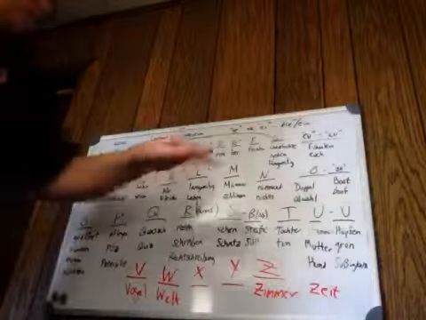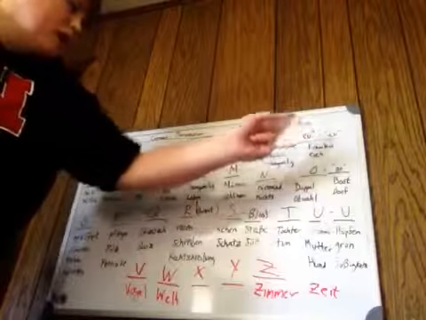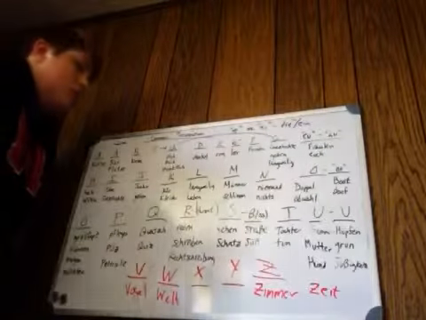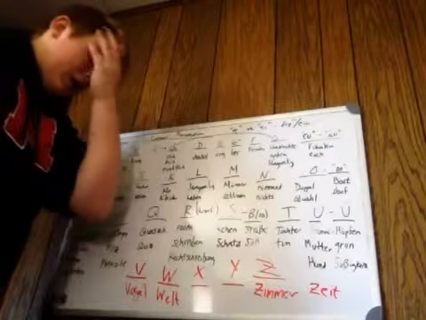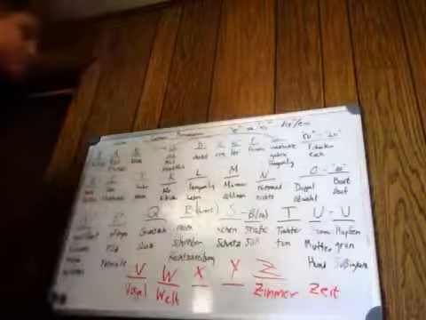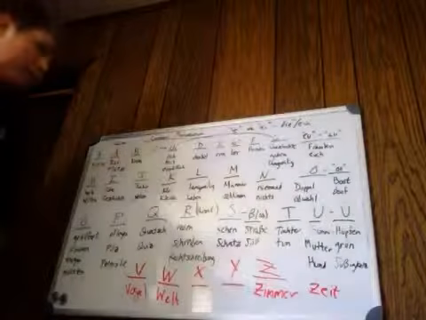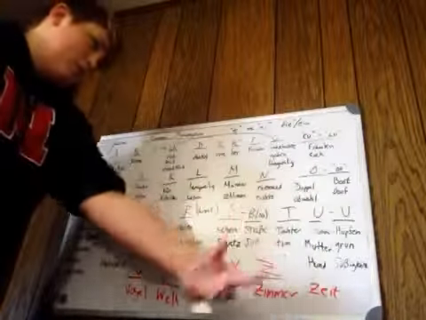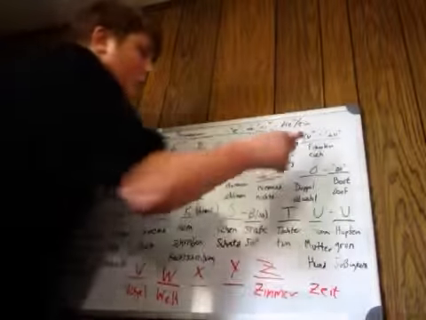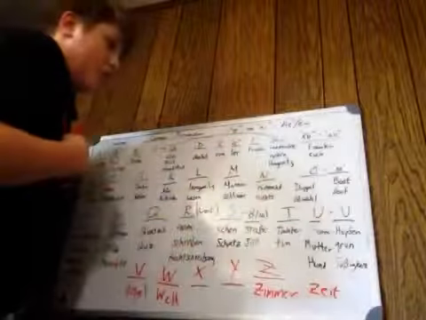Now I have the EU or umlaut AU here. EU doesn't have a U sound. In English, if we see that, we think I. But EU in German is pronounced oi. And the same thing with umlaut AU, which is pronounced like oi.